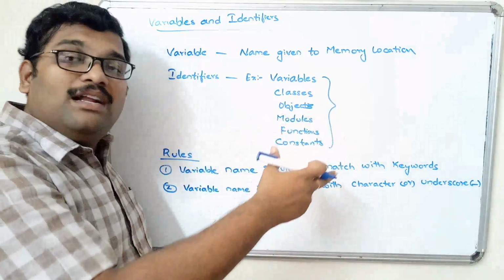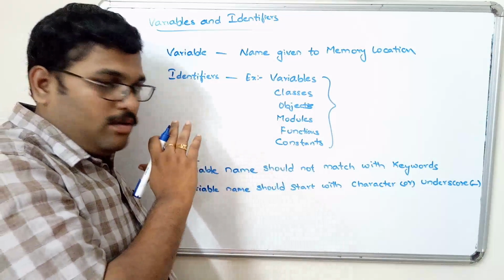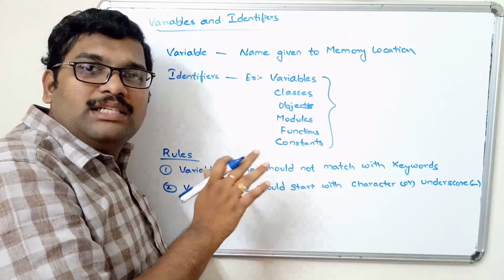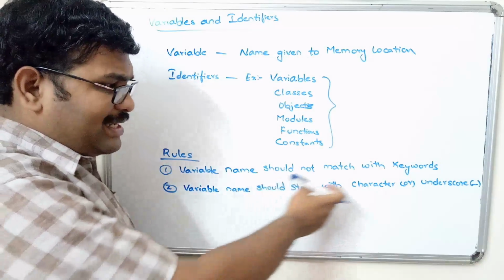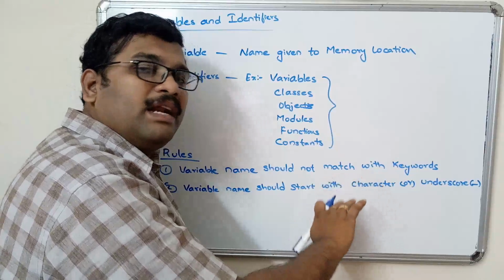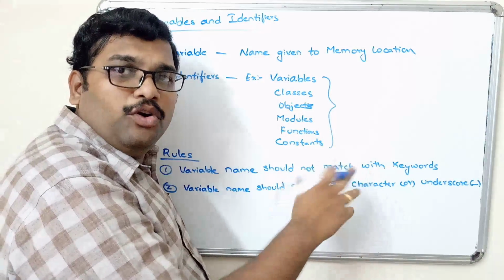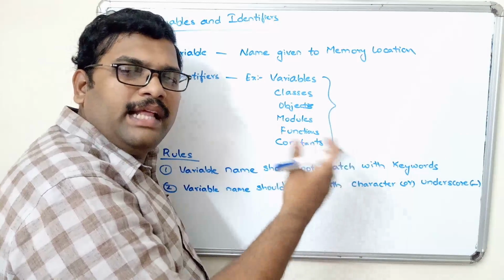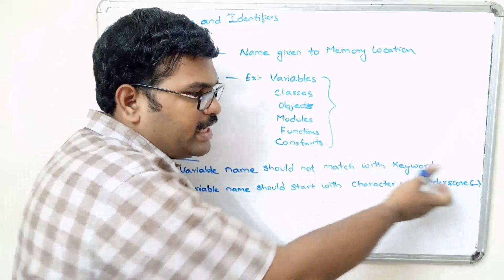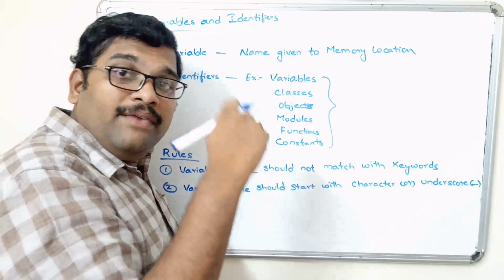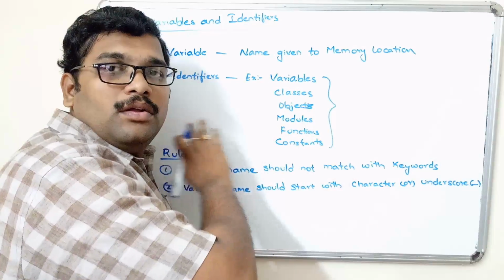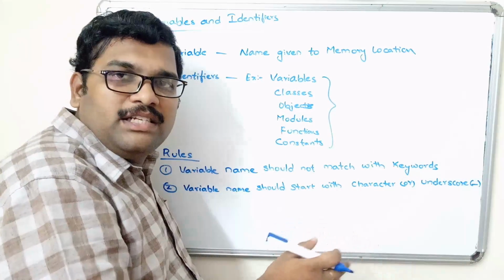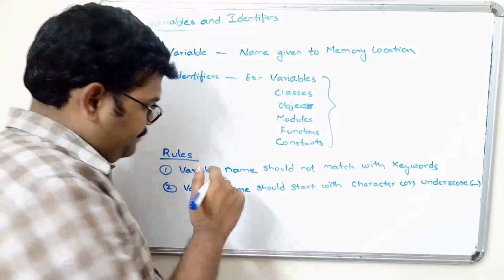Except for the underscore, we should not use any other special characters in the variable name. The character can be uppercase or lowercase, either one. It can also start with an underscore. In a variable name, except for the underscore, no other special symbol is allowed.